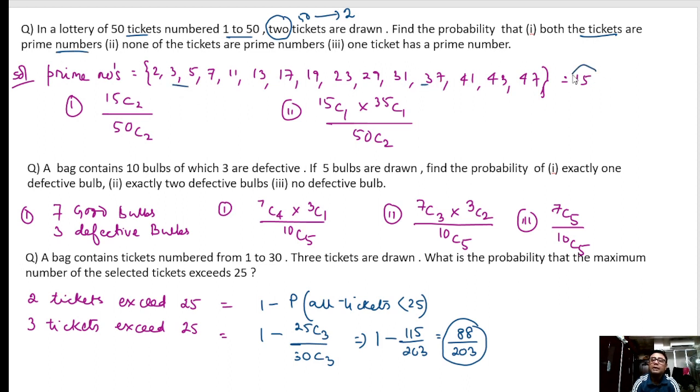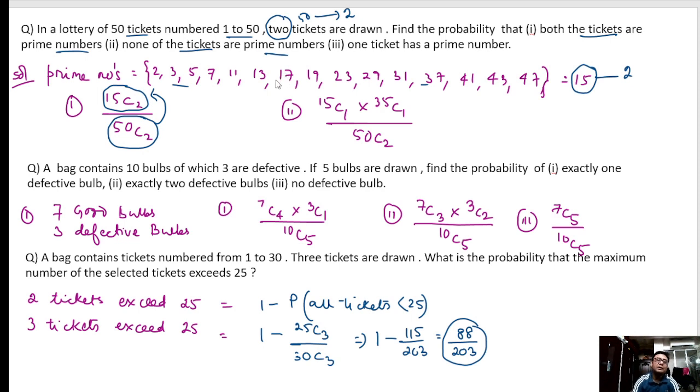So in total there are 15 prime numbers. So from 15 I have to draw 2. So this is how I will draw. And what is the total sample space? From 50 tickets I have to draw 2 tickets. And those 2 tickets should be prime numbers. So this. Next, none of the tickets are prime.